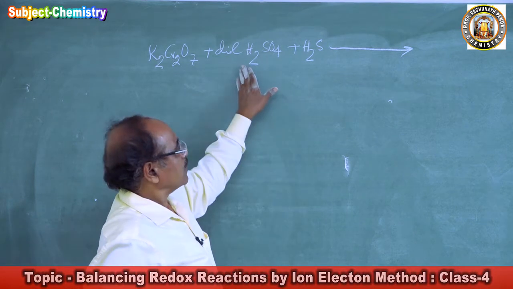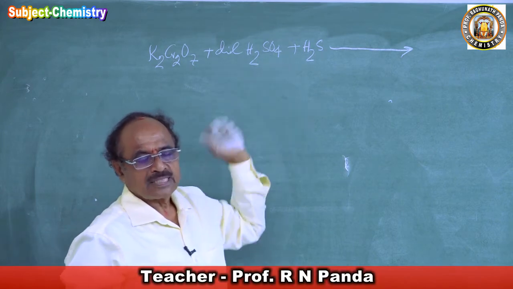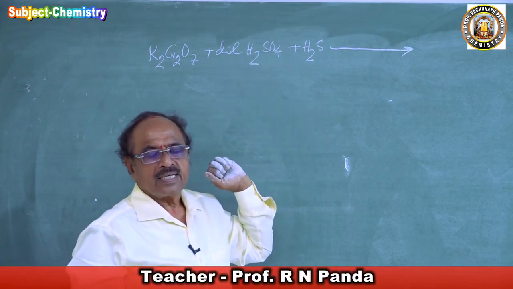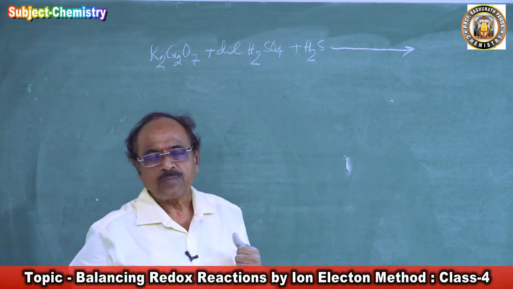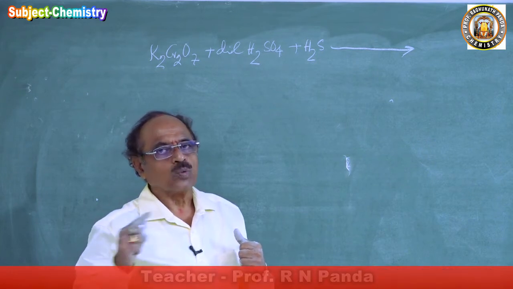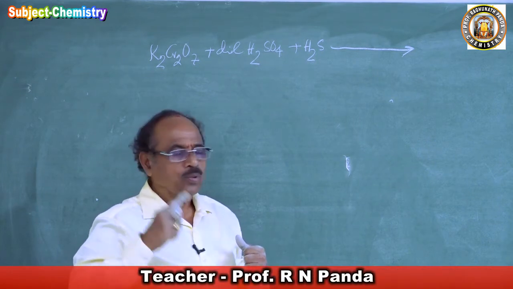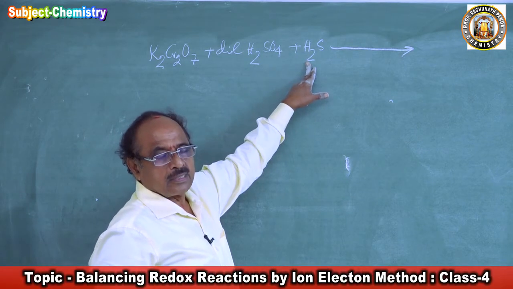So for the potassium dichromate equation, we get K2Cr2O7 plus 4 sulfuric acid gives K2SO4 plus Cr2(SO4)3 plus water plus 3[O]. Then that [O] oxidizes hydrogen sulfide to sulfur.